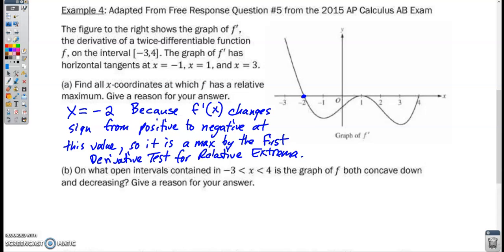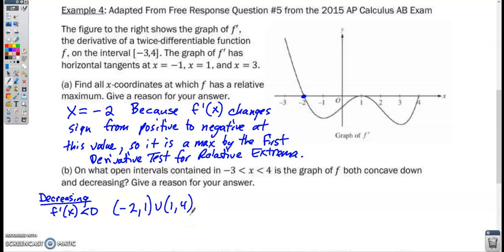Part B. On what open intervals contained in the interval from -3 to 4 is the graph of f both concave down and decreasing? Okay, so let's talk about this. In order for it to be decreasing, that means f prime of x is negative. F prime of x is negative on the interval from -2 to 1 and the interval from 1 to 4.